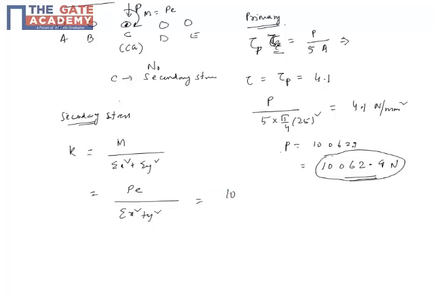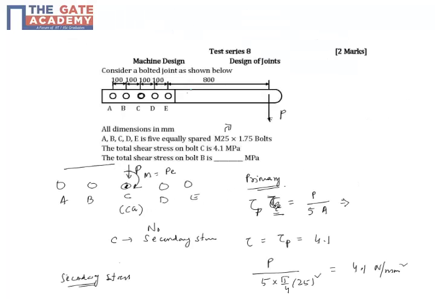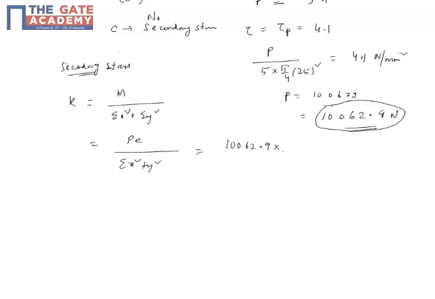So the load is 10062.9 newtons, and the distance of the load from the CG is 200 plus 800, so it's 1000 mm. Let's substitute everything in mm.